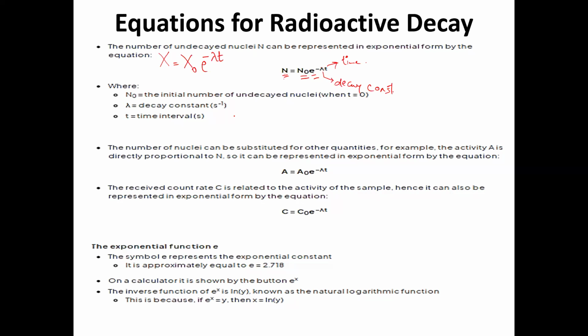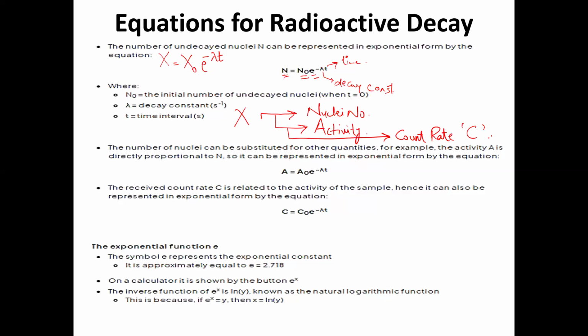Whereas this x, what can x represent? X can represent the nuclei number. X can be used for representing activity, and x can be used to represent the count rate. Do you remember the count rate being shown on the Geiger-Müller tube? The count rate also decreases with the passage of time.